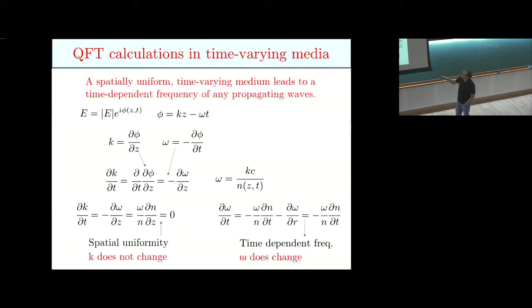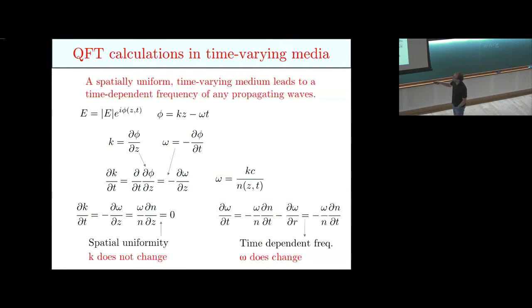Just take your electric field and write out the phase the standard way, kz minus omega t. Your k is given by dφ/dz, and the omega is given by minus dφ/dt. So what does dk/dt do? How does the k vector change when I have a change in time? Well, I can rewrite this as d/dt of dφ/dz, and substitute.